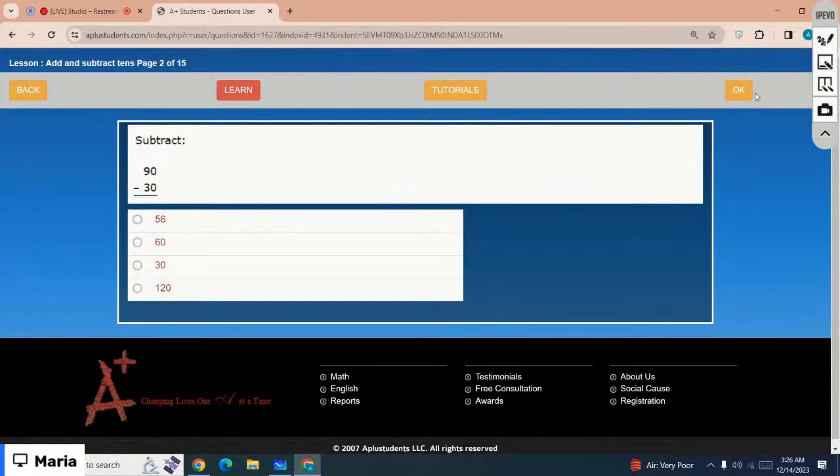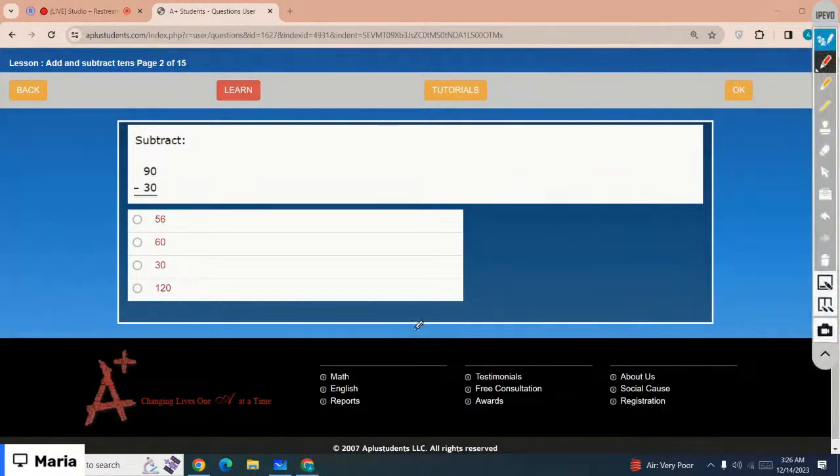Okay, subtract 90 minus 30, which is the correct option? Just subtract the non-zero values, right? They are already written one above the other, so you need to just subtract the non-zero values.